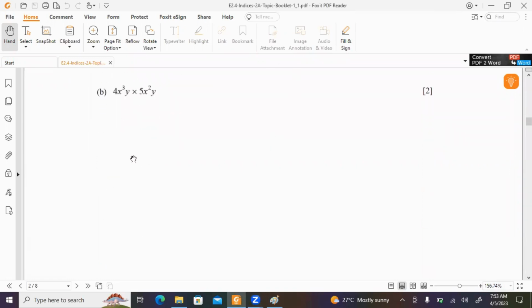Now in this case, we have several terms being multiplied. So what I would suggest is let's split each term. So write it as 4 times x cubed times y, then times 5 times x squared times y. Once we've split all of the terms into its components, I'm going to rearrange this, and I'm just going to write the constants together.